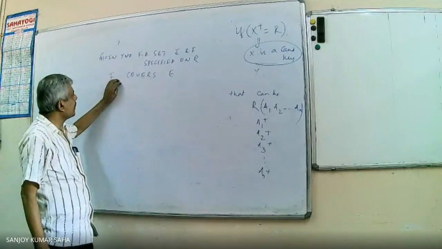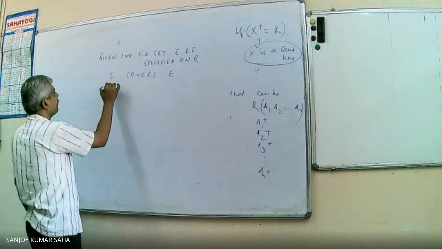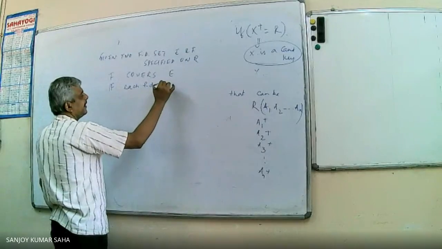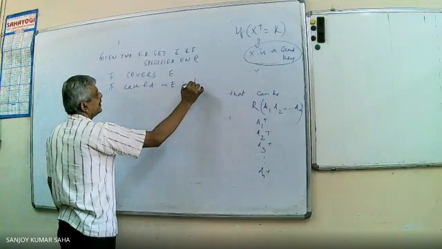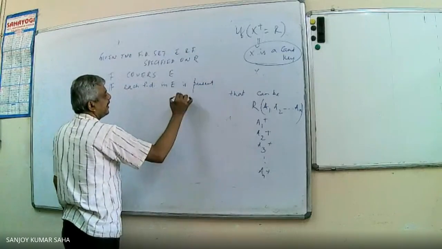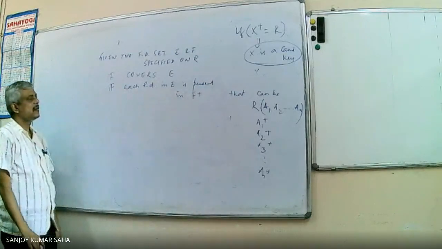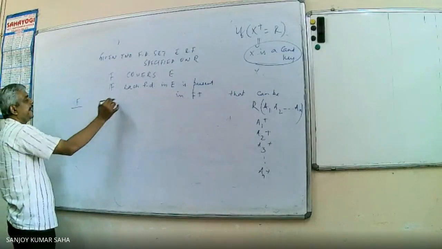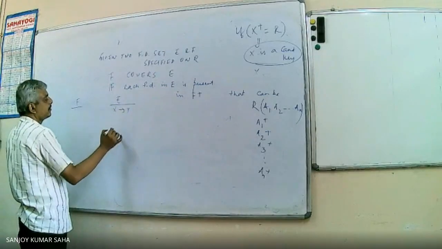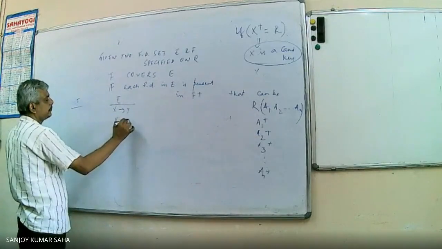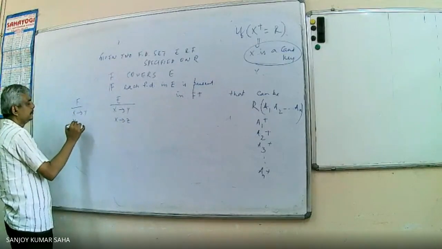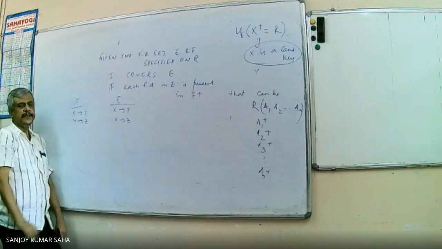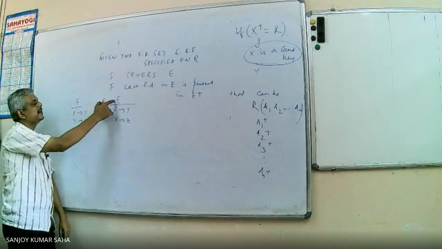We say one set covers another one if each functional dependency in E is present in the closure of F. So in that sense, suppose we have E and F. These two are not the same, so whether F covers E or not.